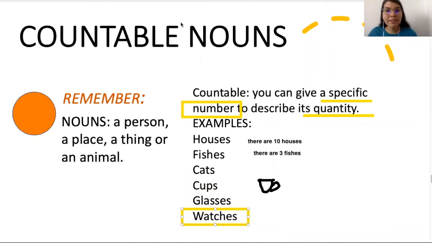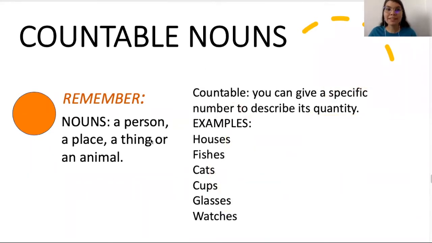So notice in plural we have fishes, watches, and glasses, yeah, versus cats, cups, houses. So in English, sometimes plurals change. In our previous lesson, we talked about that.